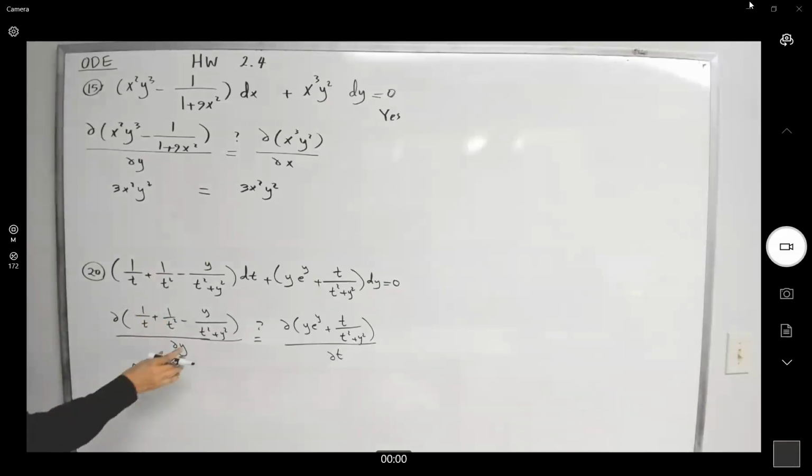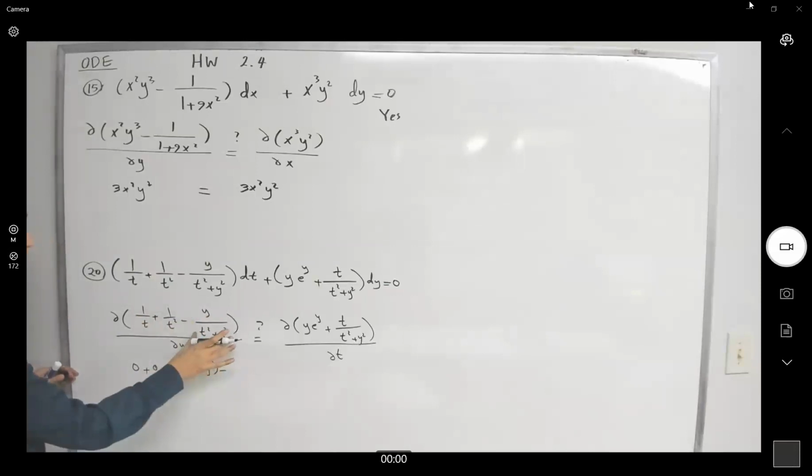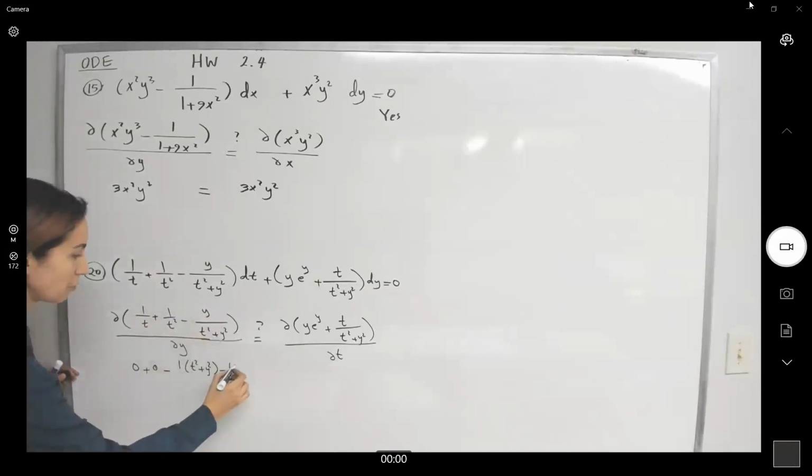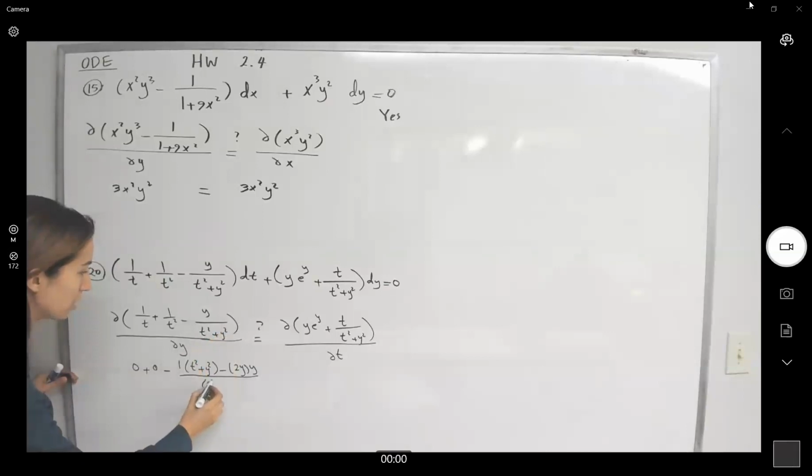Minus, with respect to y, here you have a rational expression. So the derivative of y is just 1 times t squared plus y squared minus the derivative of t squared plus y squared with respect to y, which is 0 plus 2y, times y, divided by the denominator raised to the second power, t squared plus y squared to the second.